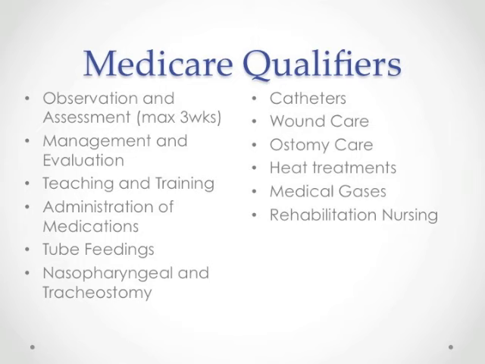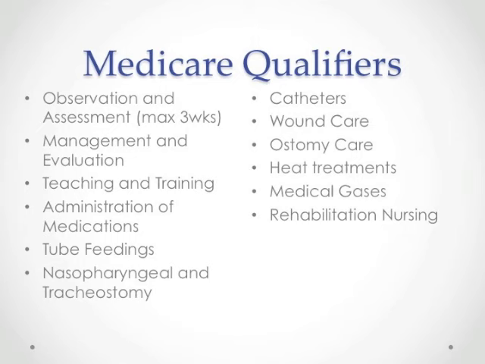Wound care is considered a skill. If we are going into the home for wound care, our number one goal is to make sure that we are able to teach a willing and able caregiver or the patient themselves if they are able to reach the wound.